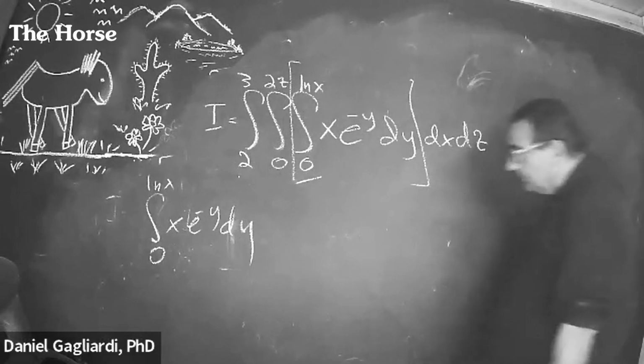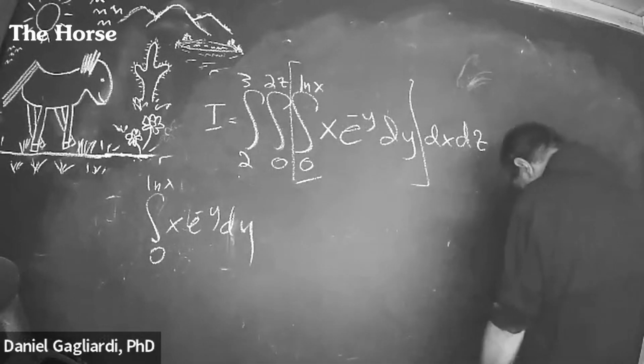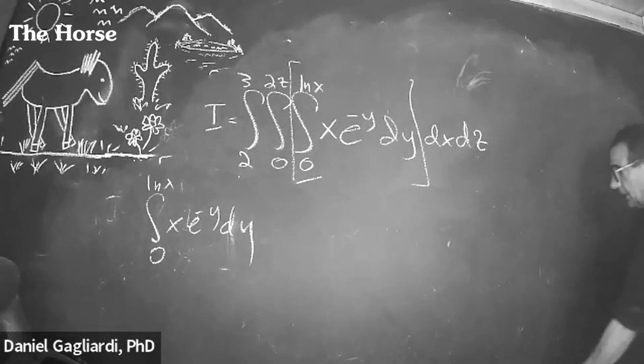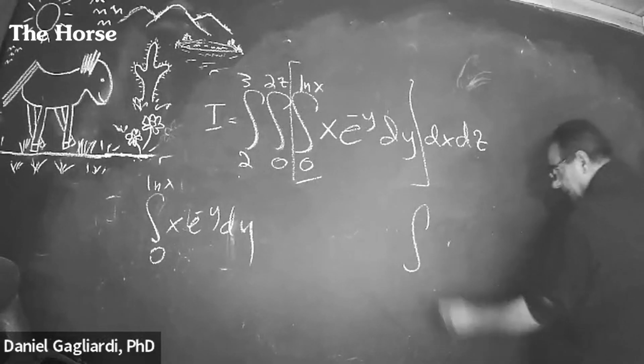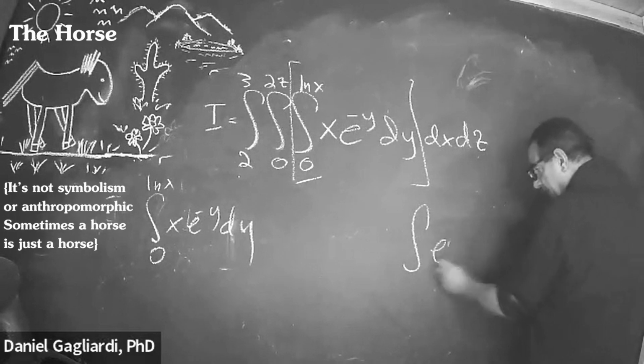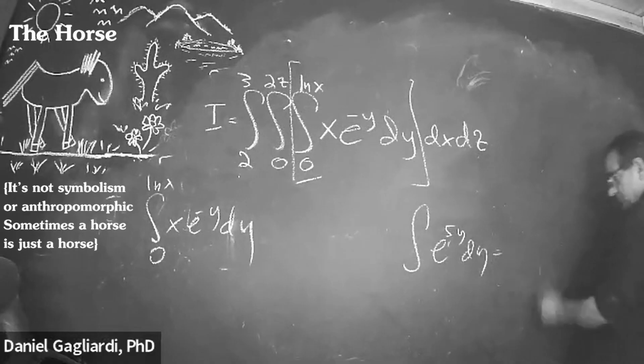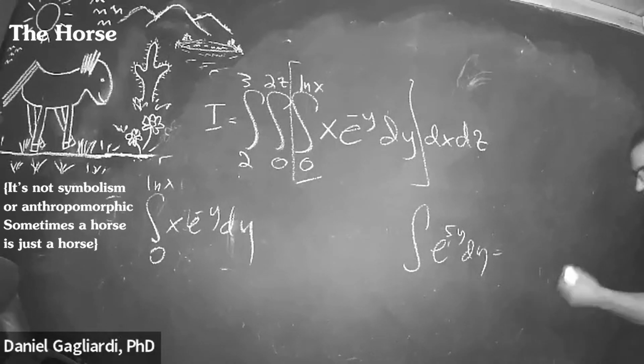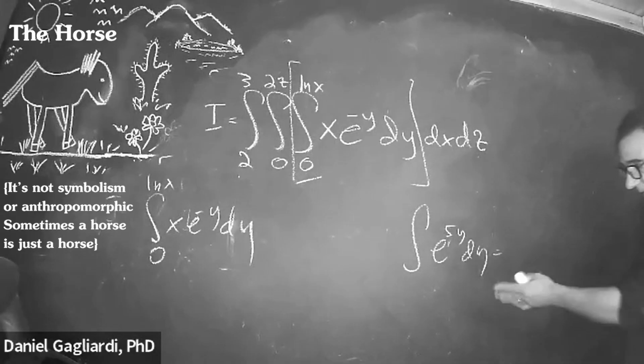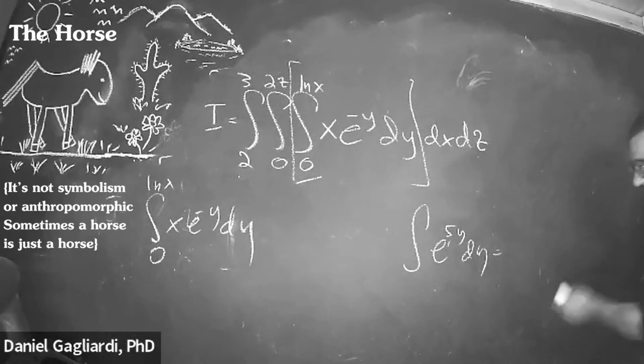All right, so to do this integral, I want to remind you of a little shortcut. Suppose we had e to the 5y. Then you would do a u substitution. You'd let u be equal to 5y, and then du would be 5 dy, and you have to move the 5 to the other side.